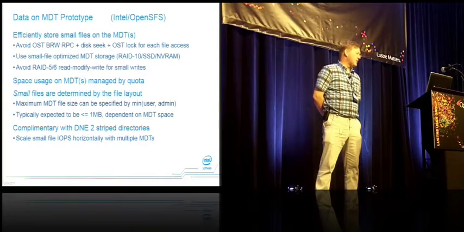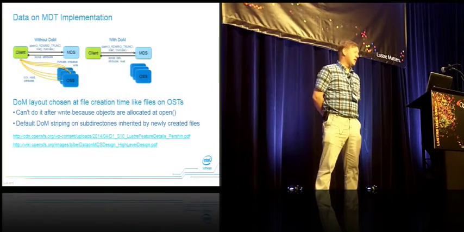This feature complements nicely with striped directories. You can create a striped directory over all your MDTs, and then the small files will be distributed over all your MDTs as well, so you can horizontally scale your small file performance.